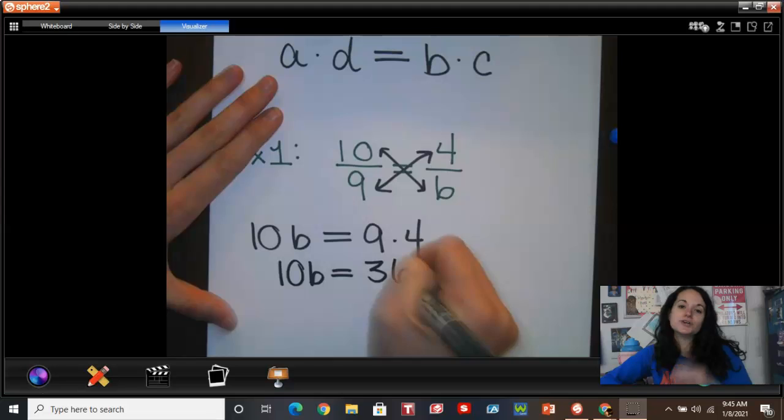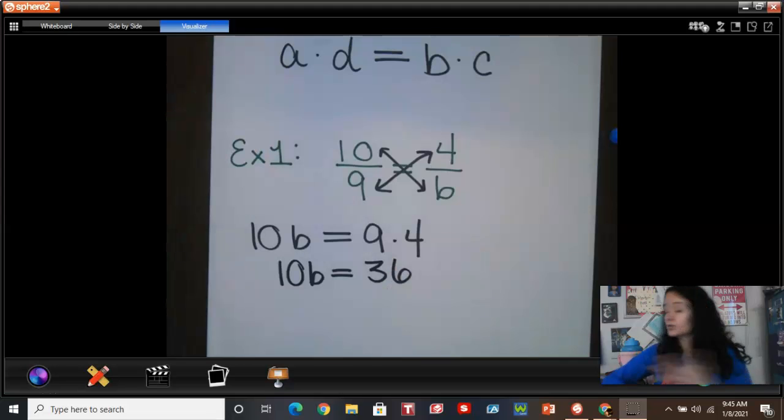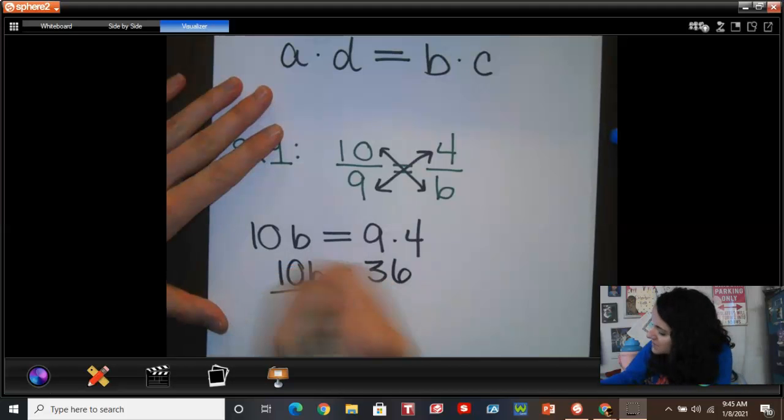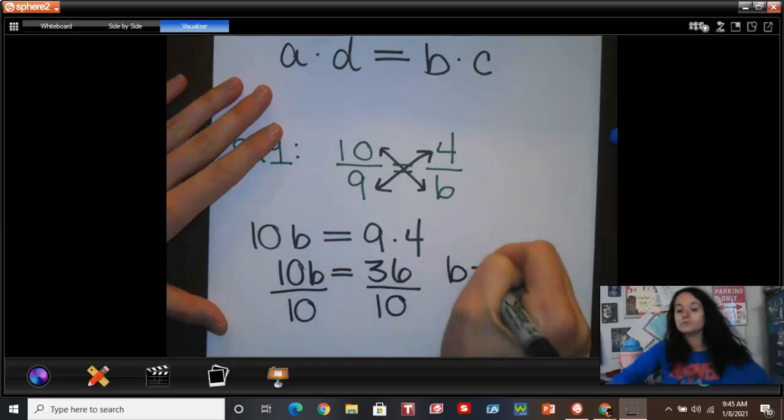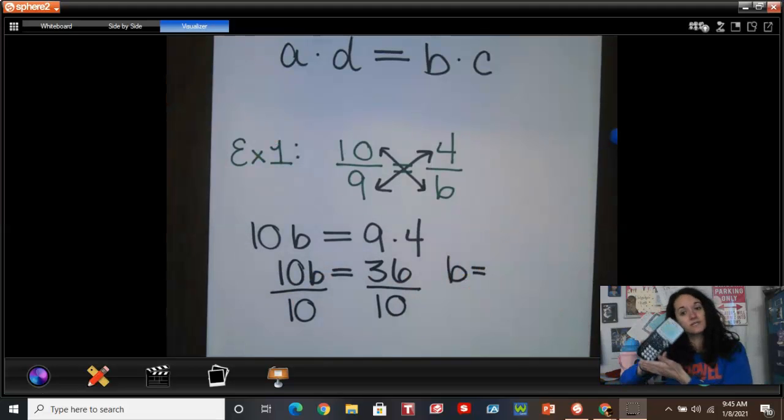And just a reminder, how you get rid of or solve for a variable whenever a number is written right next to it, you use division. So we're going to divide both sides by 10. And we get B equals, should be 3.6, but we're going to use the calculator to make sure. 3.6.